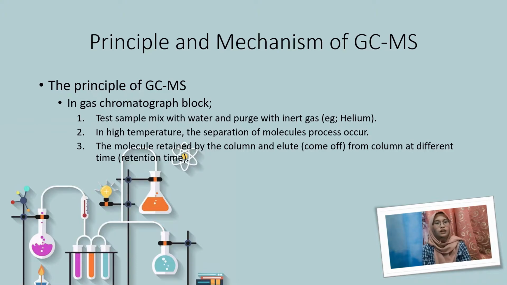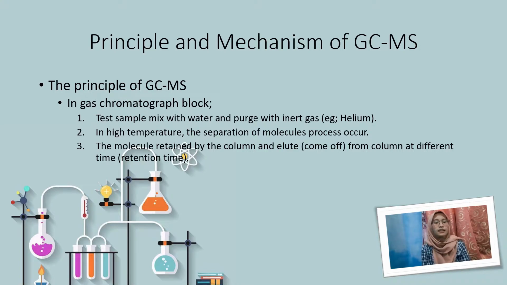The oven with 300 degrees Celsius of temperature will help the separation process of the molecules, and the separation process can also be caused by the difference of chemical properties and the difference of molecules in a mixture.